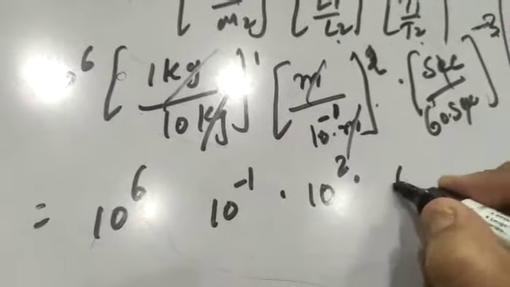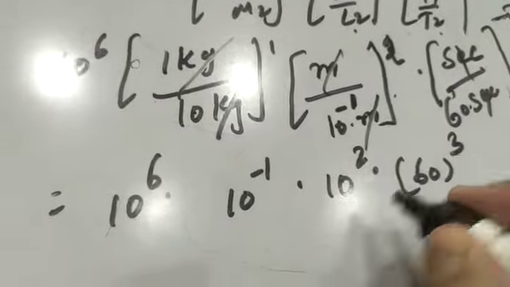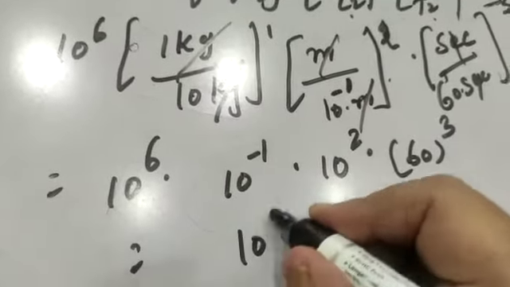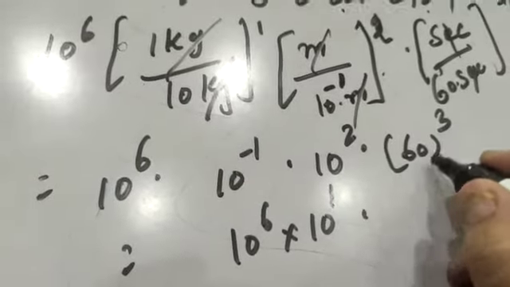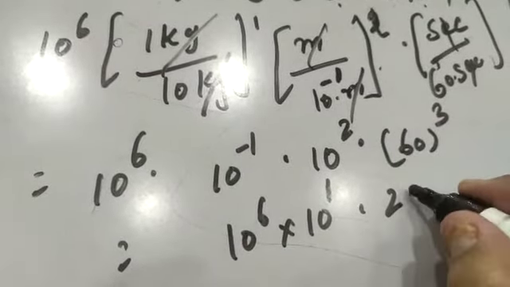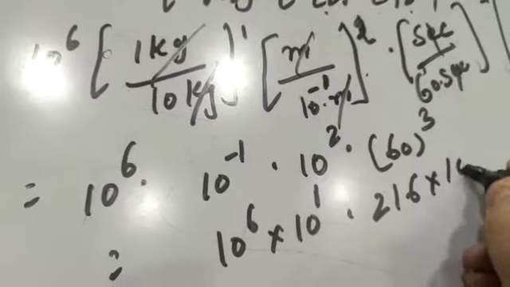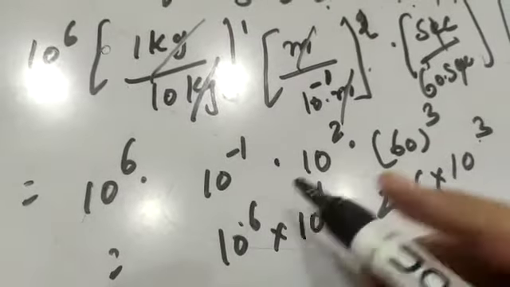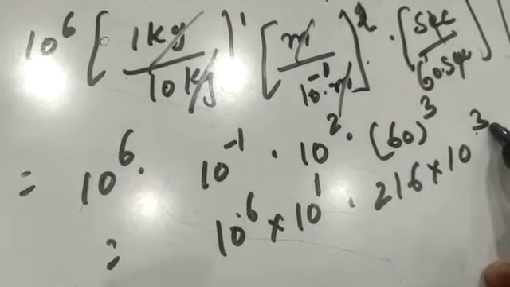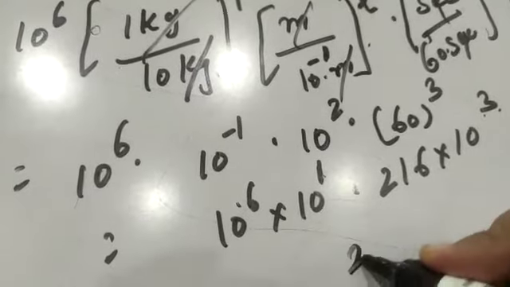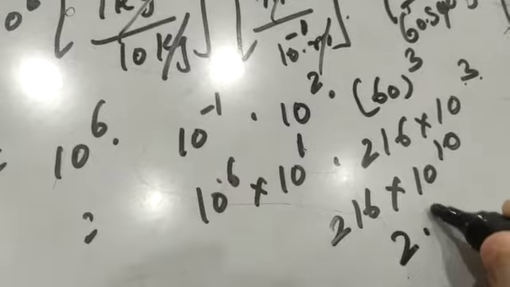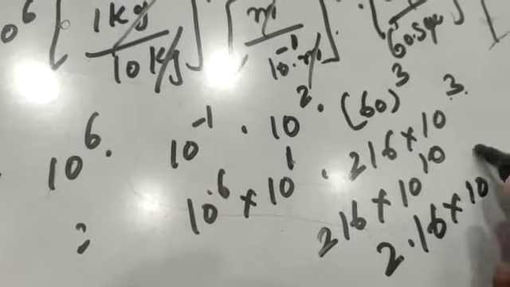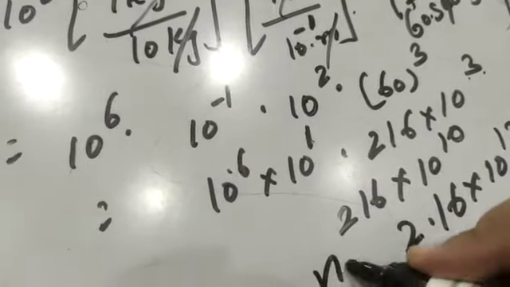And this is 60 raised to power 3. So solving it, 10 raised to power 6, this is 10 raised to power 1, this is 60 cubed which becomes 216 multiplied by 10 raised to power 3. So 6 plus 3 is 9, and 1 is 10. So 216 into 10 raised to power 10, or more precisely 2.16 into 10 raised to power 12. So this is the value of N2.